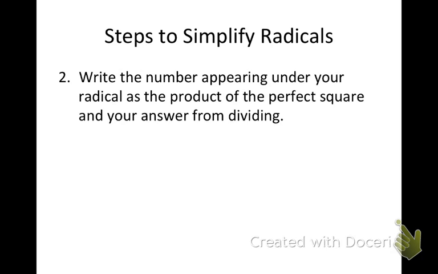Okay. Step 2. Going to write the number appearing under your radical as the product of the perfect square and your answer from dividing.